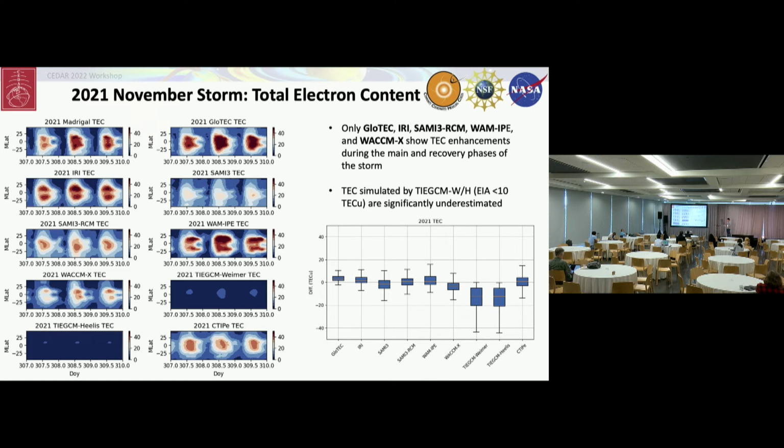Sorry, I forgot to mention that the GROTEC is a data assimilated model that uses the IRI as a background to assimilate the ground-based GNSS TEC and also the COSMIC observations. So, of course, this shows the best performance compared with observations.